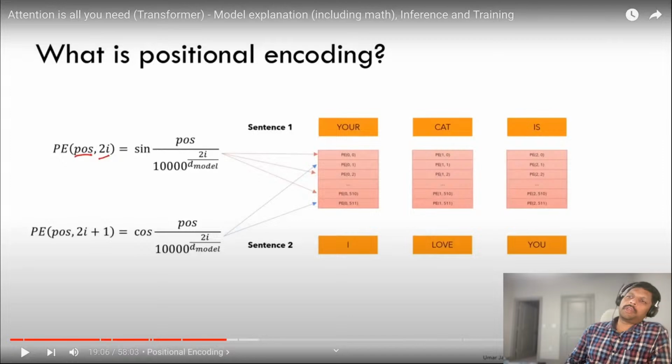Sine 0 by 2i, 10,000 power 2i getting more. You calculate, you'll see, but it is a static number. It will be the same as you're saying. The positional encoding will be the same.